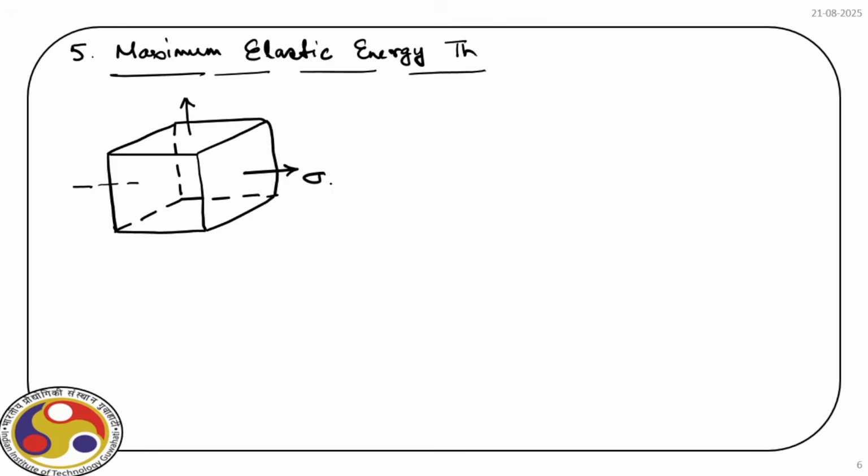So we have sigma 1, sigma 2, and then sigma 3. Okay. So along sigma 1, we have epsilon 1. Similarly, for sigma 2, sigma 3, we have epsilon 2, epsilon 3.